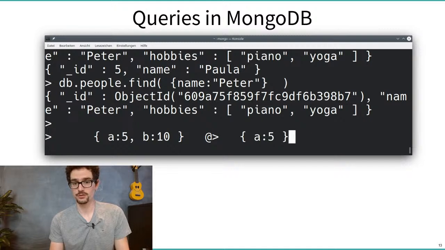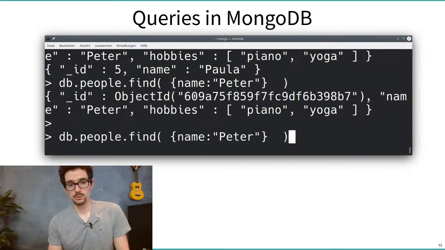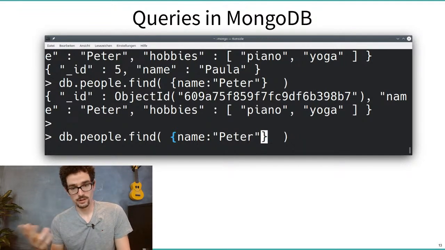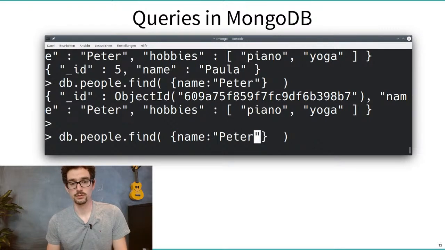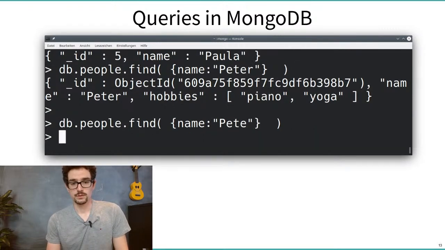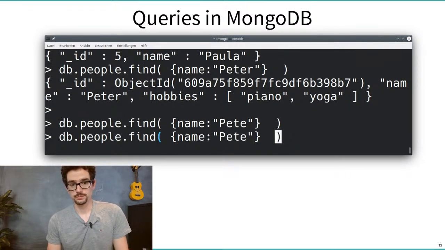So A is 5, so this would match here. And in MongoDB it is basically the same. You provide a field and a value and probably other fields and other values, and these must be present in the document. If yes, then it is found, otherwise it is not found. So this will not find anything.